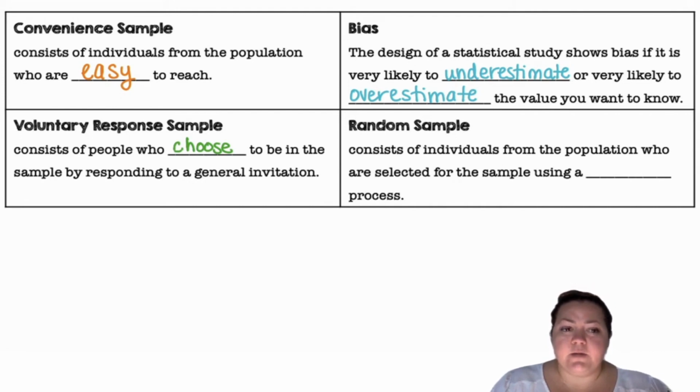All right, that pretty much always leads to bias when they are volunteers. And a random sample consists of individuals from the population who are selected for the sample using a chance process. All right, that is our goal. We would like to do a random sample instead of a convenient sample or voluntary response sample.